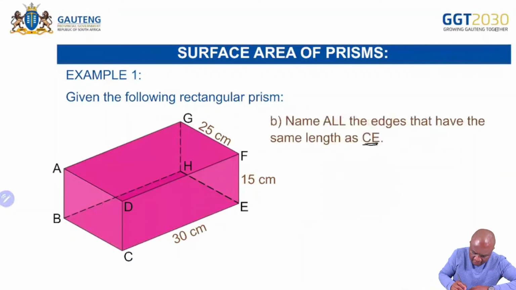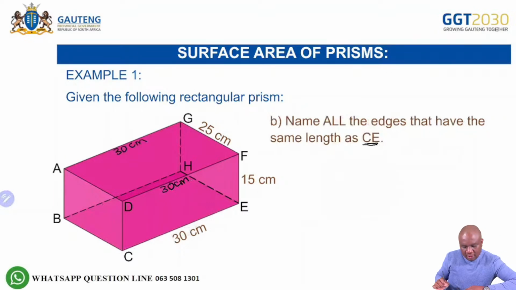All right, welcome back. So we can see that CE is 30 centimeters. DF is also 30 centimeters. Then AG is also 30 centimeters. And then BH is also 30 centimeters. So DF, AG, BH have the same length as CE.